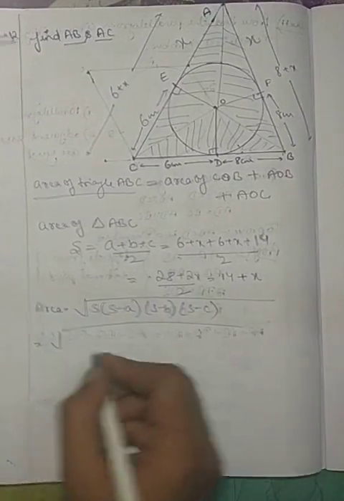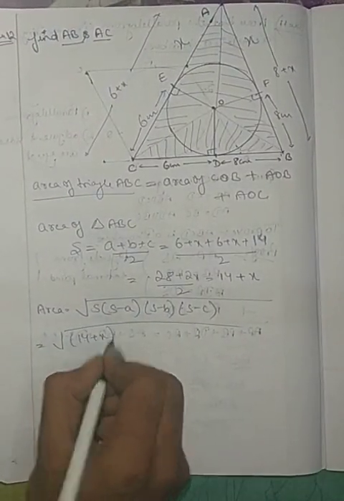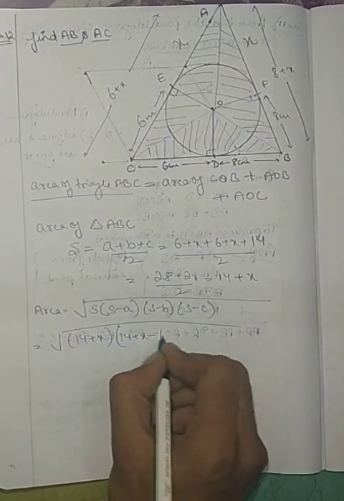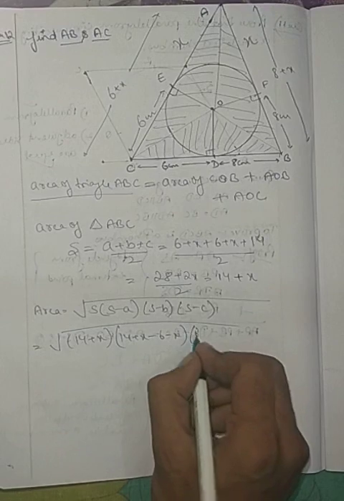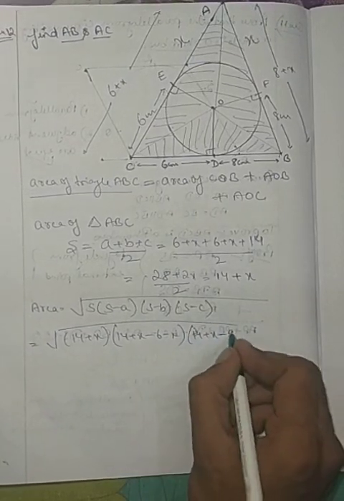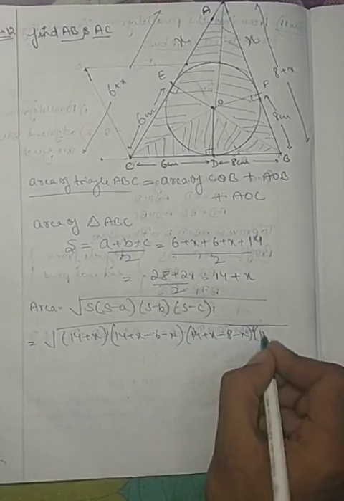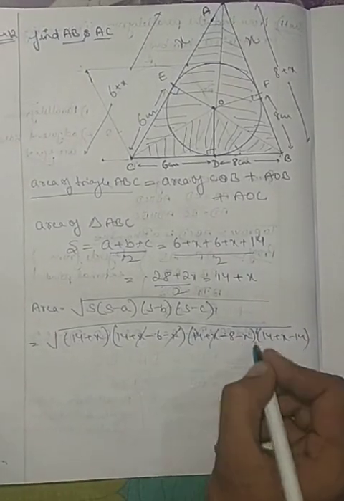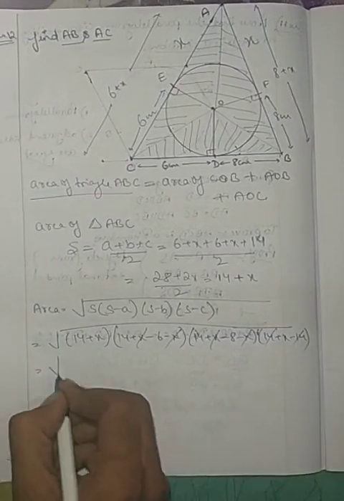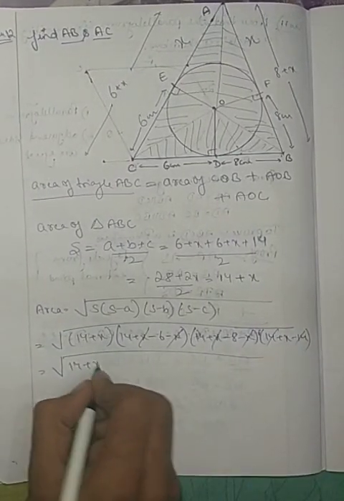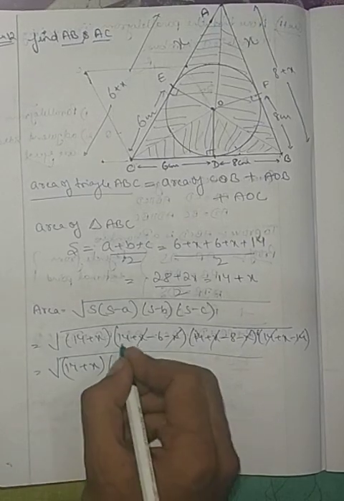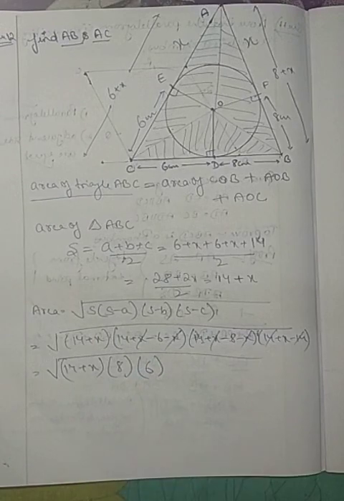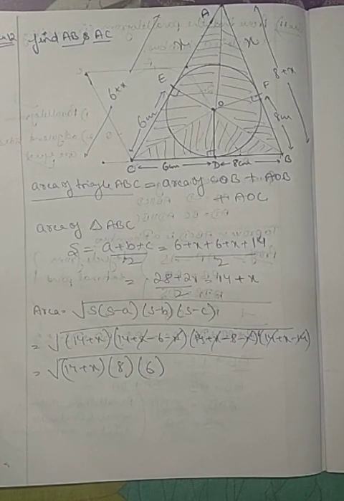Put the value. s is 14 plus x, s minus a is 14 plus x minus 6 minus x, then 14 plus x minus 8 minus x, then 14 plus x minus 14. x cancels, 14 cancels. What we are left with? 14 plus x. Here 14 minus 6 is 8, 14 minus 8 is 6. We are left with this thing.